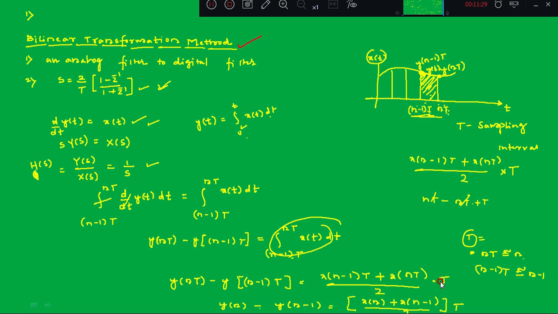So the same equation I will write here. So what is the LHS? LHS is y of n minus y of n minus 1 is equal to, what is the RHS? x of n plus x of n minus 1 divided by 2 multiplied with capital T, right?